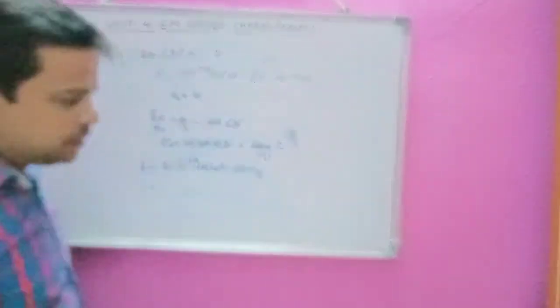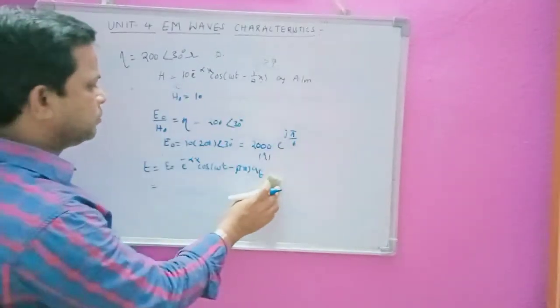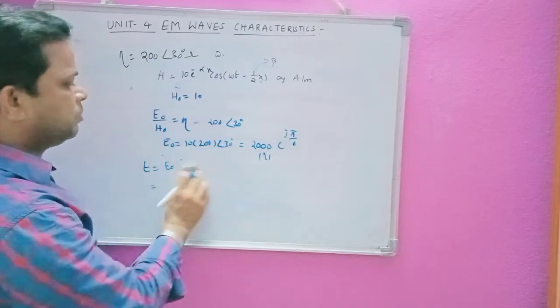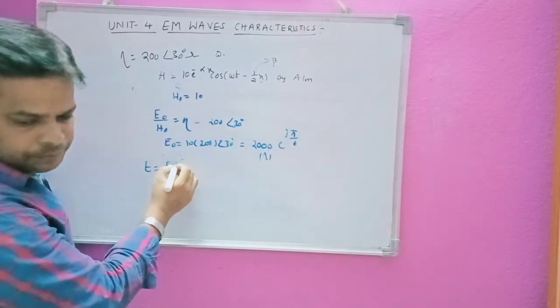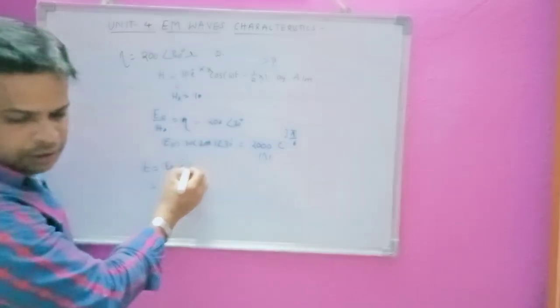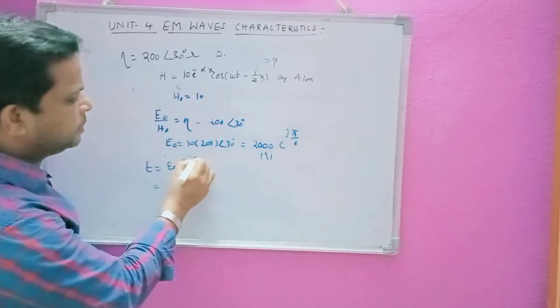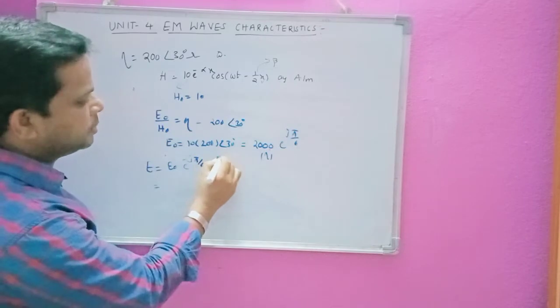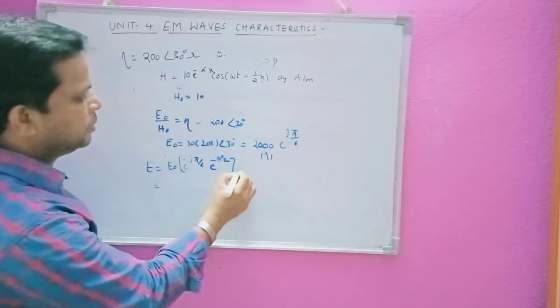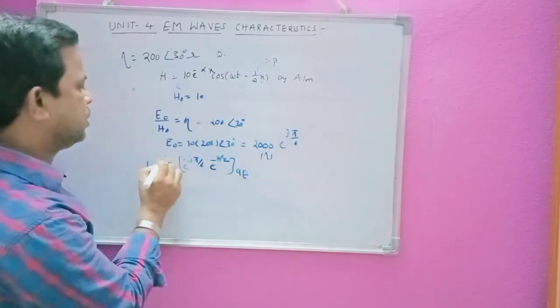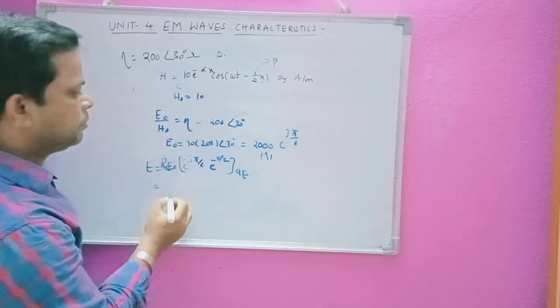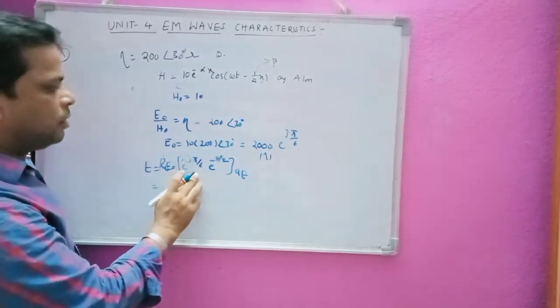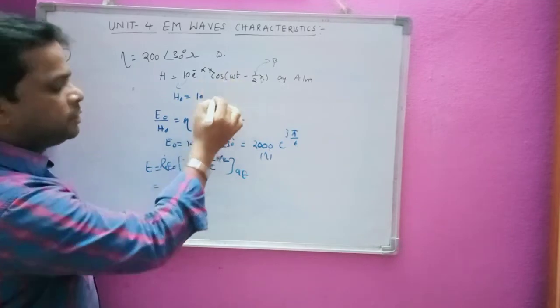So instead of writing this in the exponential form, we can write it in this form: E0 e power j pi by 6 e power minus gamma z into AE. So we have to take the real part of this, because the real part will be in terms of cos.